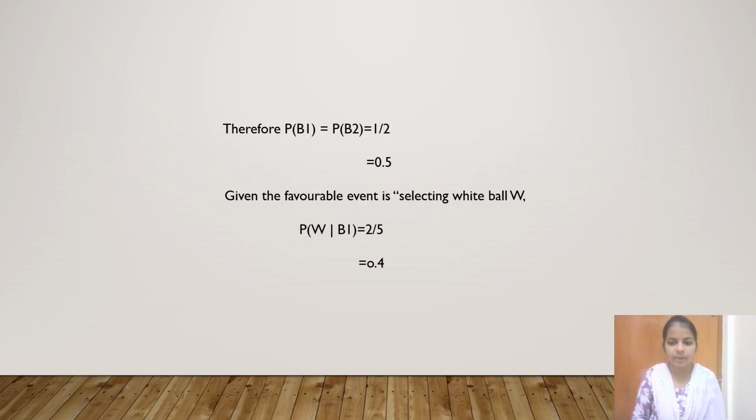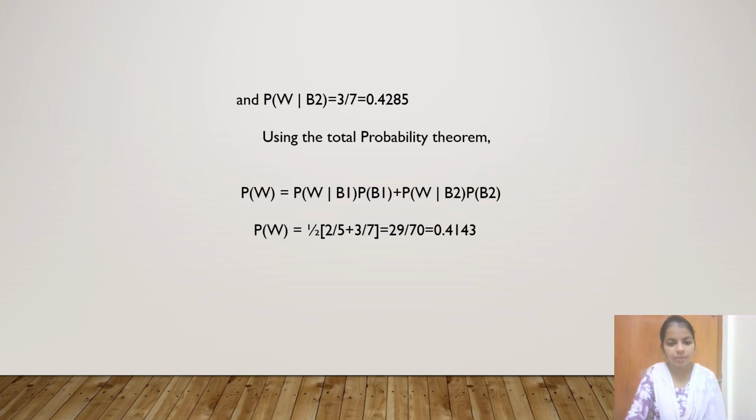There are two white balls in box 1 and a total of 5 balls, so P of W given B1 equals 2 by 5. When we calculate it, our final answer is 0.4.